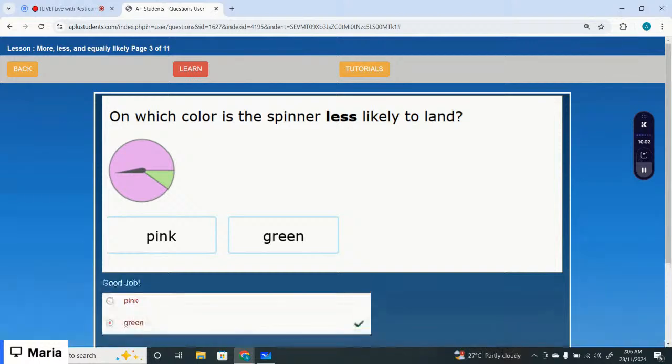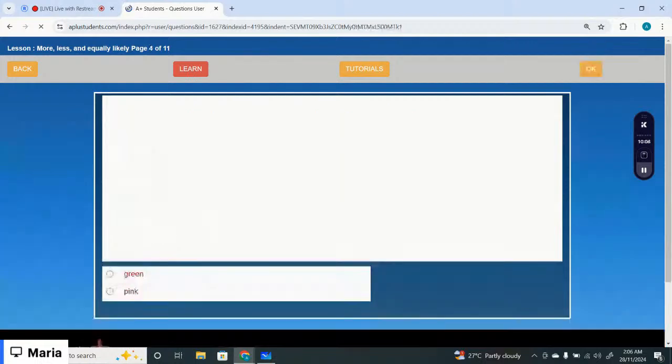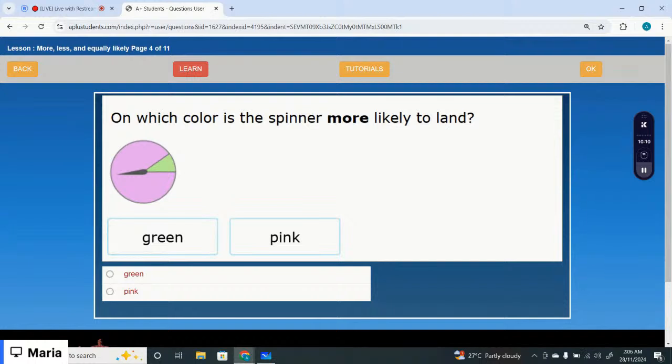Very good, green. The correct option is green. On which color is the spinner less likely to land? The bigger portion of the spinner is pink, so it will be more likely to land on pink.